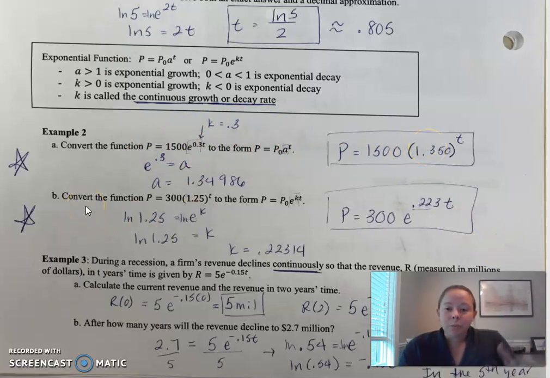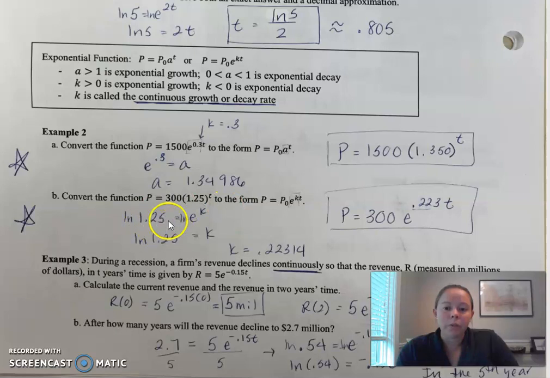Now the other way is a little bit more challenging. Convert the function, we're starting from our annual growth rate to our continuous growth rate. Again, what's different? The 300's the same, t is the same. I need to take that 1.25 and set it equal to e to the k.